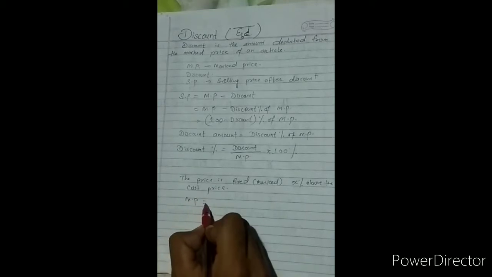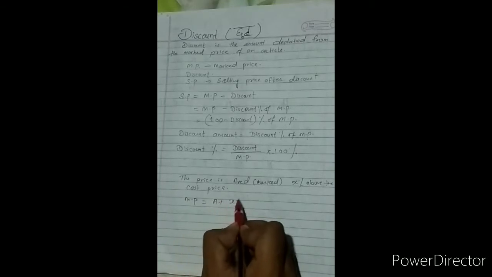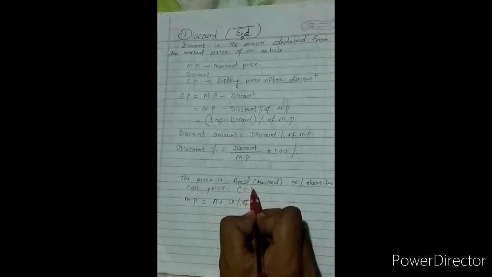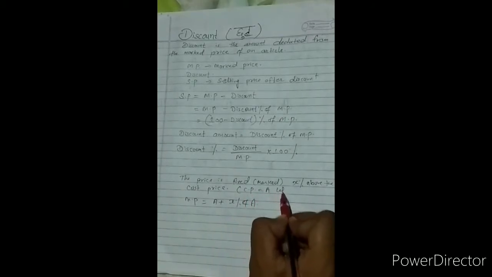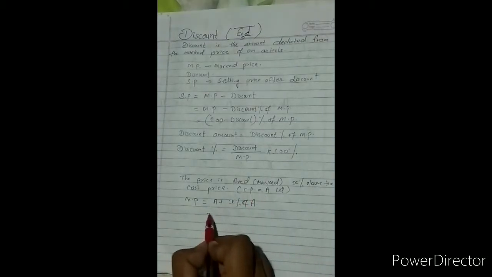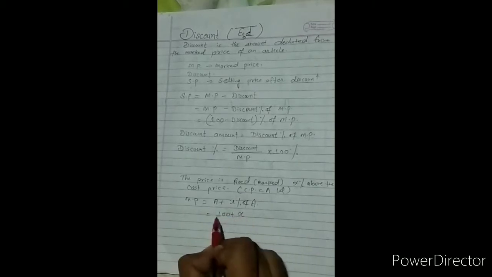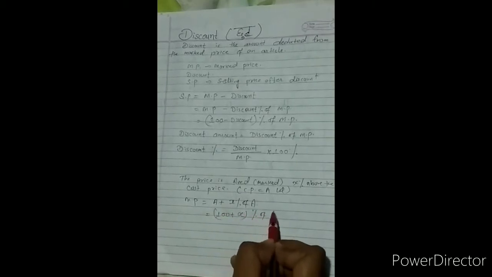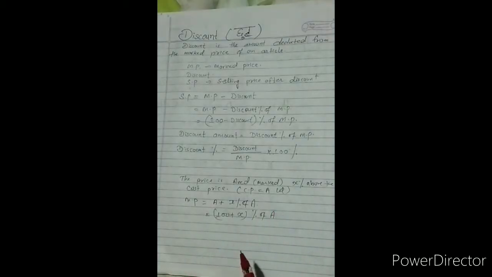If it is given, then market price equals, we don't know the cost price, so suppose the cost price is A, then market price is A plus X% of A, or we can directly write 100 plus X% of A. For example, a shopkeeper bought an article for 5000 and he fixed 10% more than the cost price. Then you will do 5000 plus 10% of 5000.